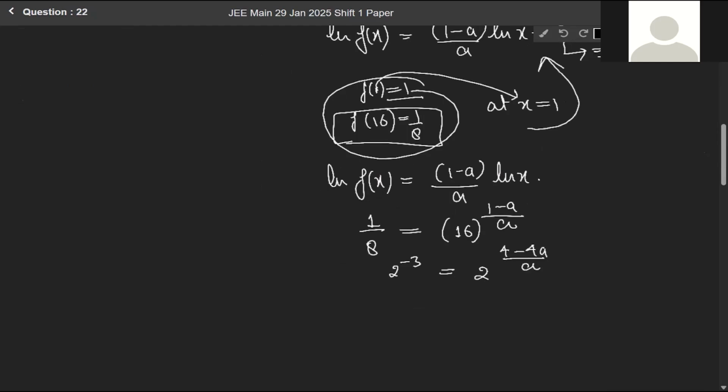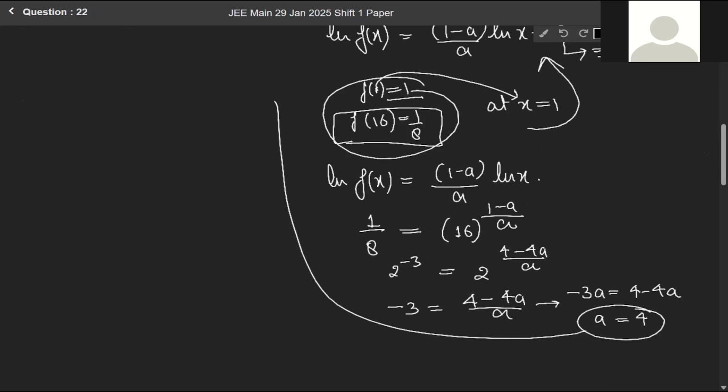So from here minus 3 will be equal to (4 minus 4a) over a. So solving it, we get minus 3a equals 4 minus 4a. It means a is equal to 4 here. Okay. Now a is equal to 4 means f(x) will be equal to x raised to the power minus 3 by 4.